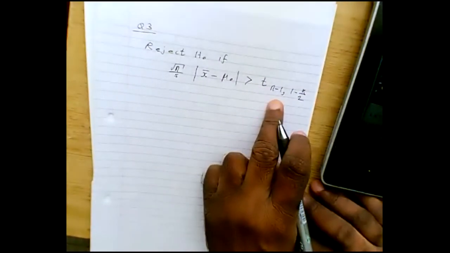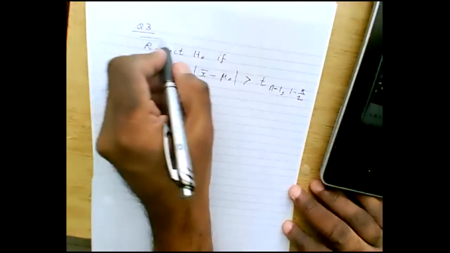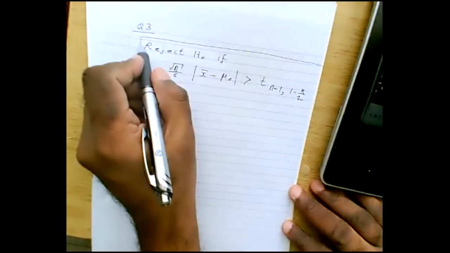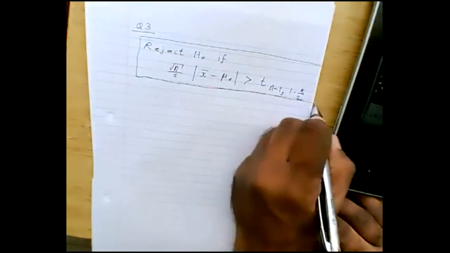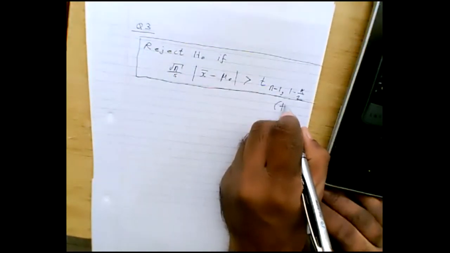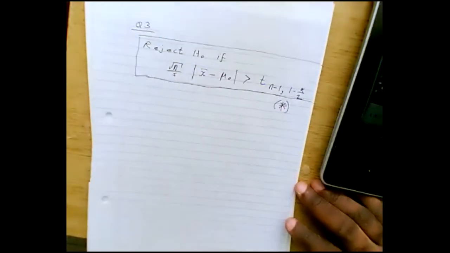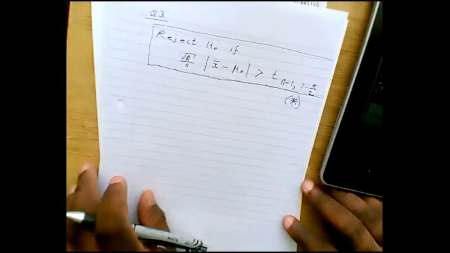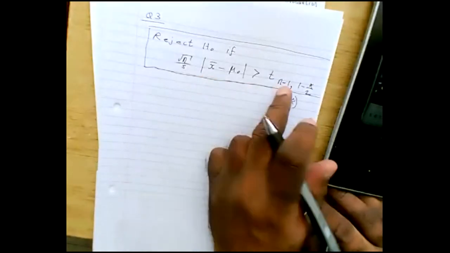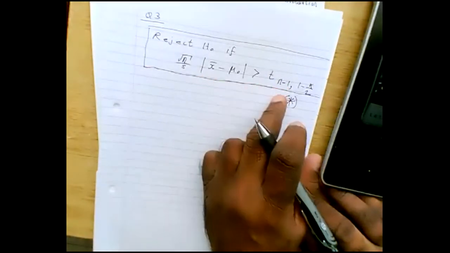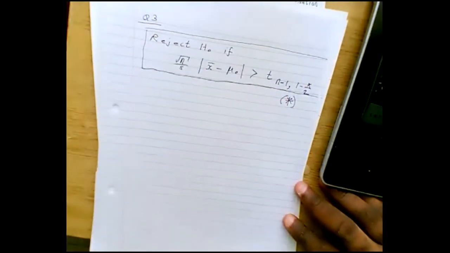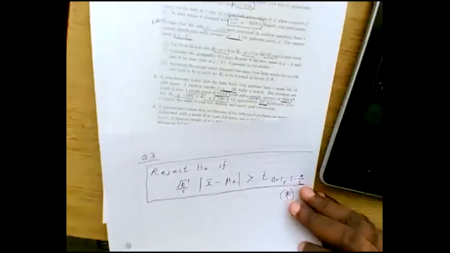This is the percentile of the t distribution. So once again, let me put this in a box and call this equation star. What I'm going to do as usual is compute the left-hand side, compute the right-hand side, and compare them. Now before I start, let me write down all the data that's given to us.